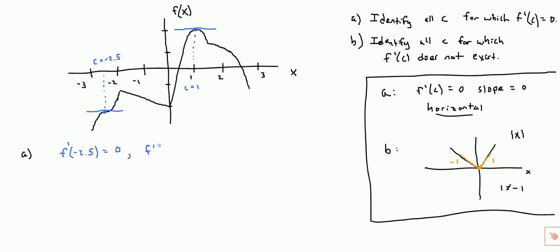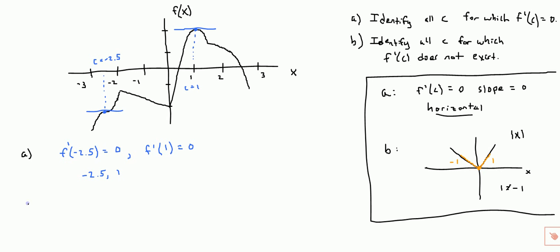So f prime of 1 equals 0. Alright, so keep going. The derivative is negative here, still negative. Alright, so there's no more places where the derivative is horizontal. So the points C for which f prime of C equals 0 are -2.5 and 1.